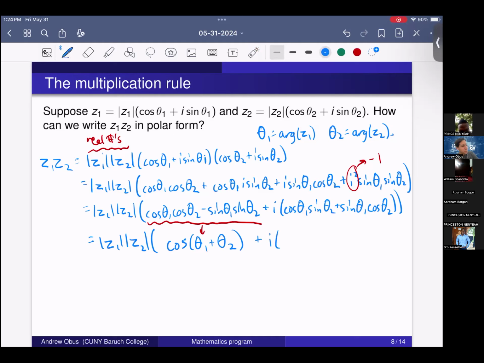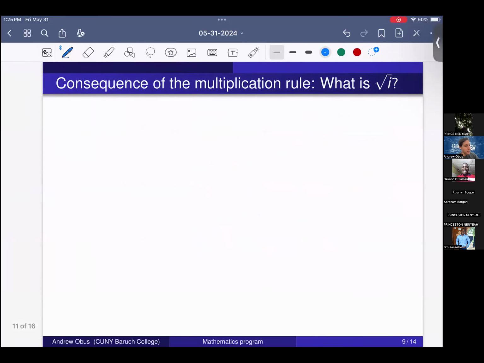This turns out to just be sine of theta 1 plus theta 2, right? Okay. So this is a very nice form. So let me just summarize this.